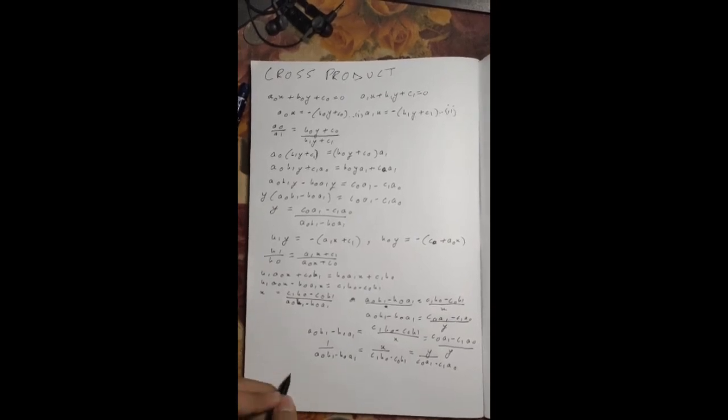The pattern which we observe is this. Suppose we arrange the coefficients of y in this order from both the equations, b naught and b1, and then the coefficient, or to say the term c of both the equations, and then the coefficient of x from both the equations.